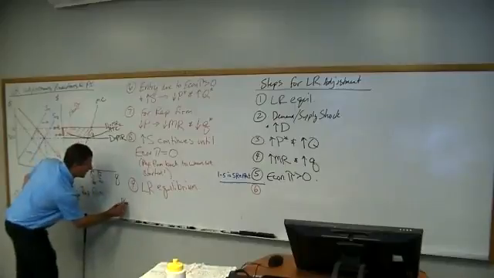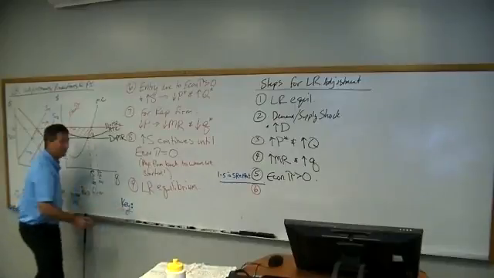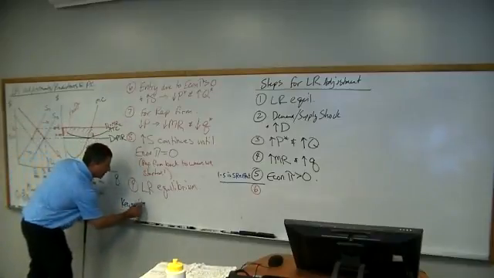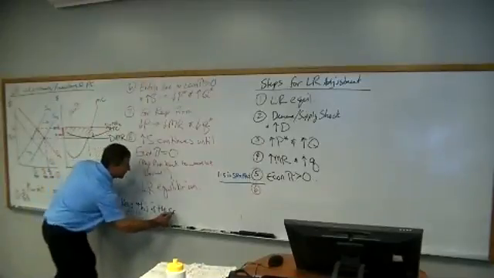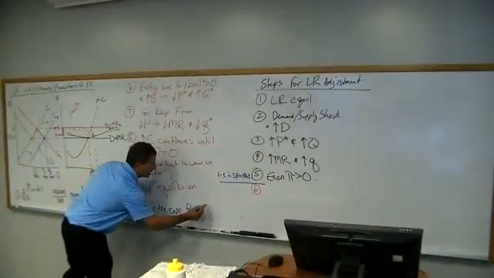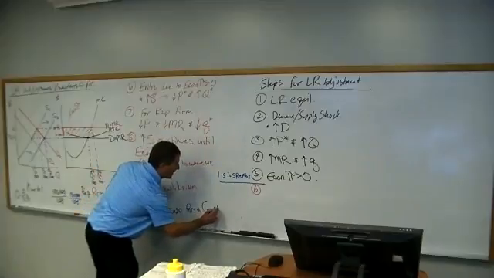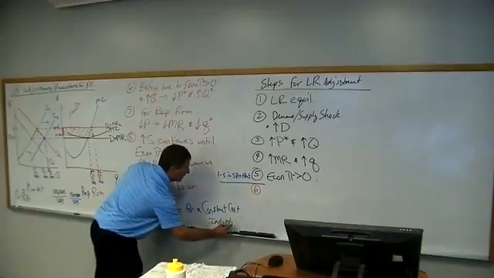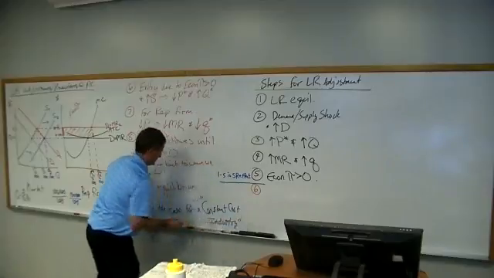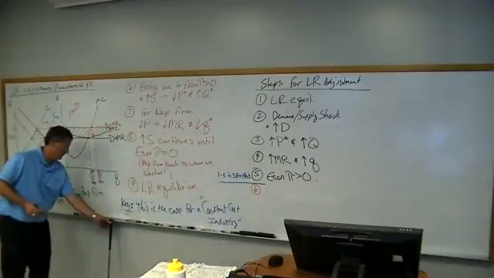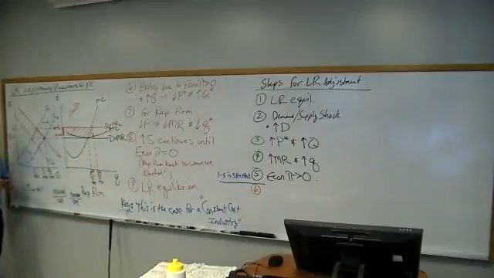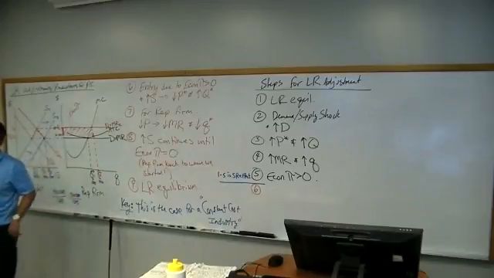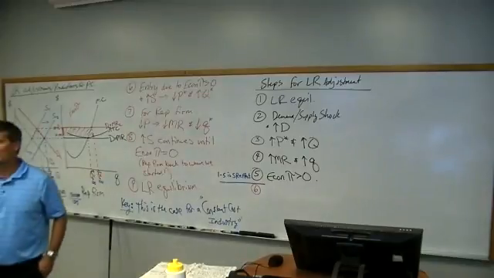So a key point to add to the end of your steps here: this is the case for a constant cost industry. There's also an increasing cost industry and a decreasing cost industry.